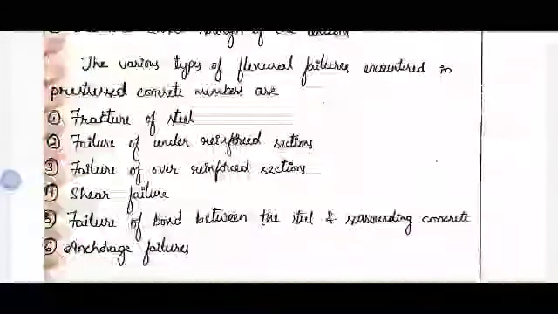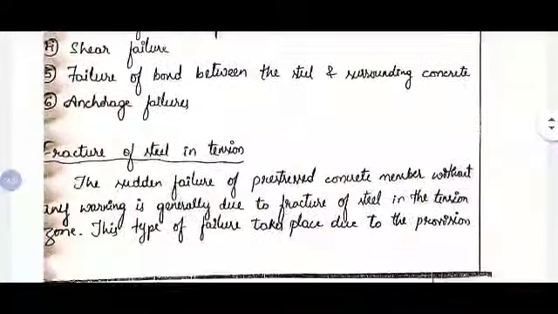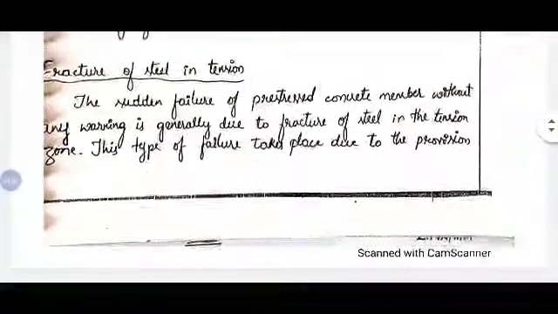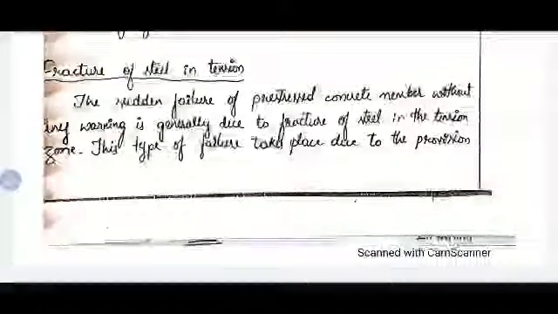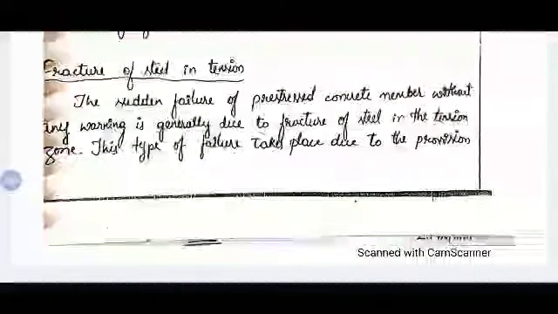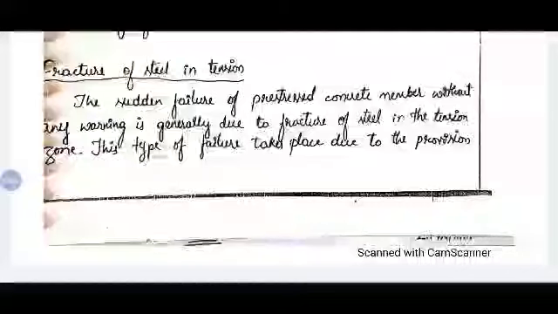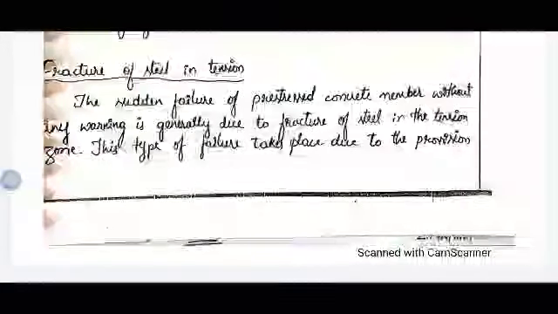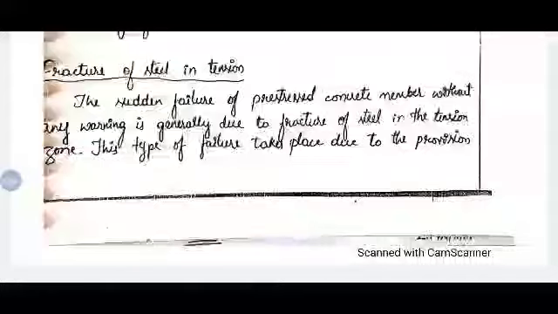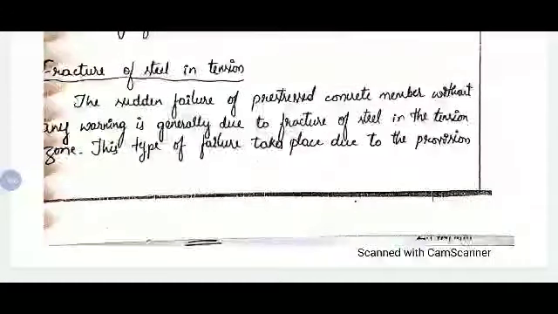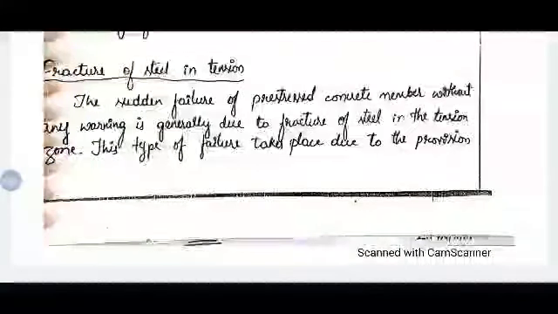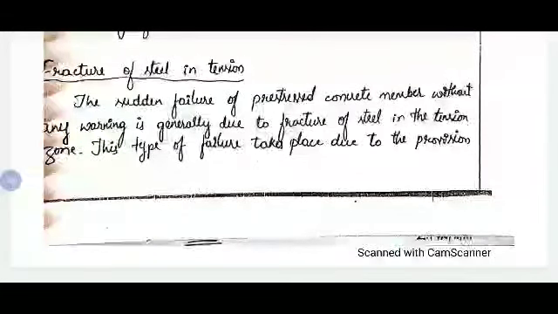So first one is fracture of steel, that is, fracture of steel in tension. See, we have concrete as well as steel in the beam. When you go on applying the loads, it will deflect. As the deflection increases, the concrete will crack in the tension zone.